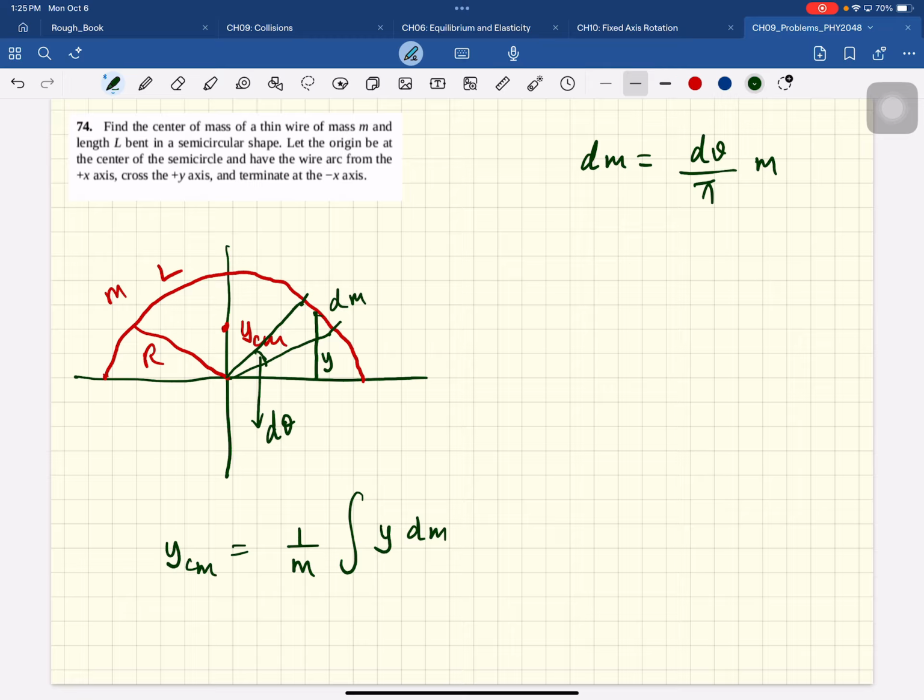And then what is the y coordinate? Let's say this angle is theta. So sine theta is y over r, so y is r sine theta.